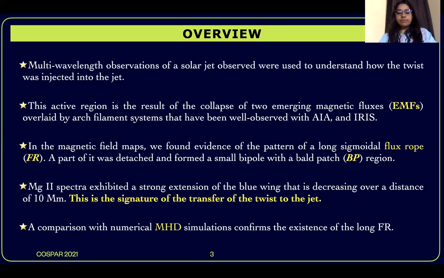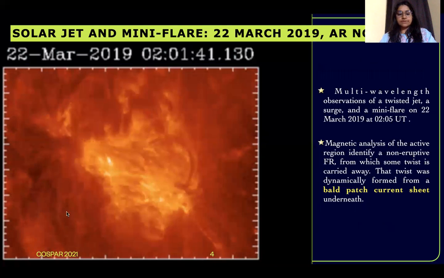In the magnetic field maps, a long sigmoidal flux rope is evident in the neighborhood of the jet region. We also did spectral analysis of magnesium 2, carbon 2, and silicon 4 from the IRIS spectra. Finally, we compared the Ohm MHD simulations with the observational analysis.